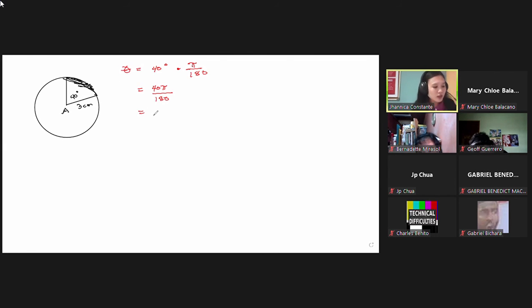Or we can write it in lowest term, 2 pi radian over 9. So that is the angle that we're going to use in the formula to find the area of our segment.